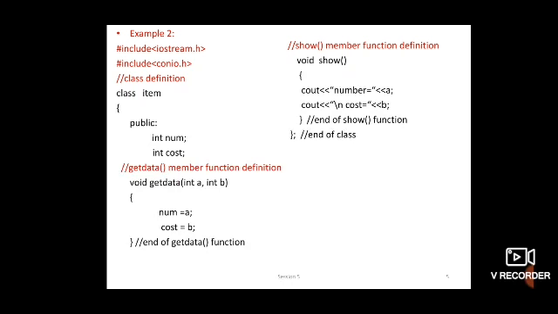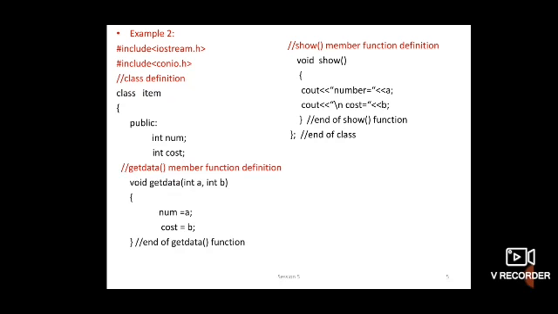Now what is the difference between the previous example and this example? In the previous example we had to write the member function outside the class definition. But in this program the member function is written inside the class definition.